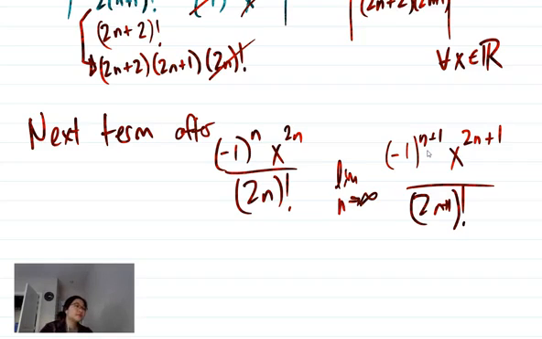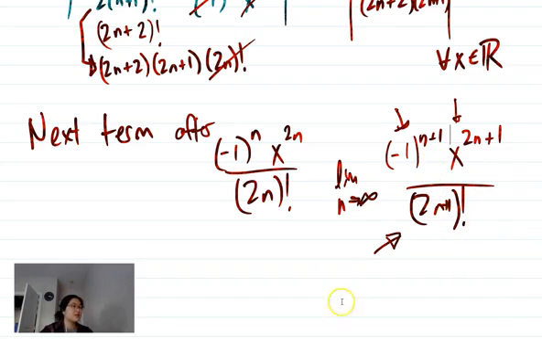Well, this doesn't matter, right? This is just changing our sign. And then as n approaches infinity, what are we ending up with? We're ending up with a factorial in the denominator, and then we're raising some x value to the 2n plus 1. So do we get a 0 there?